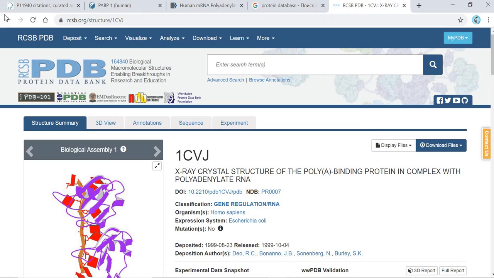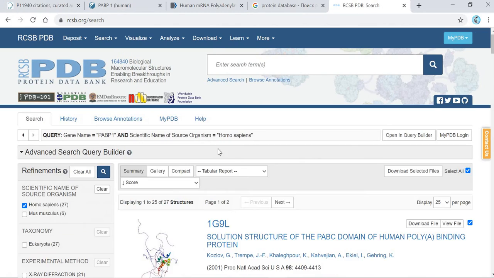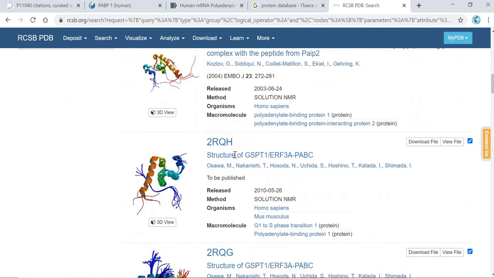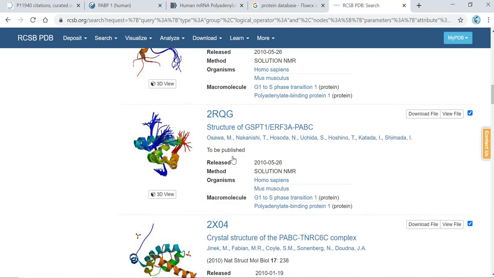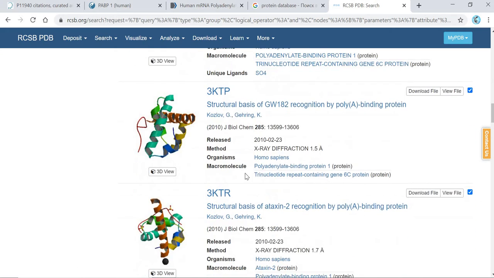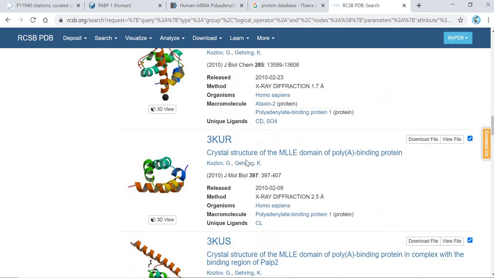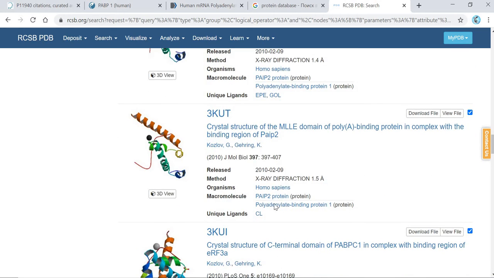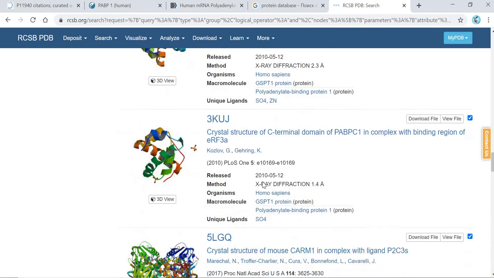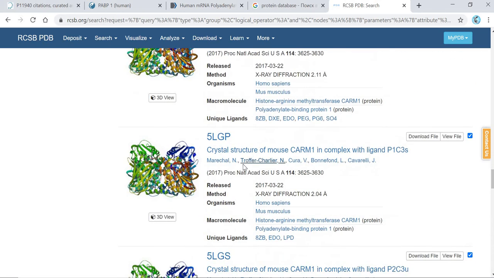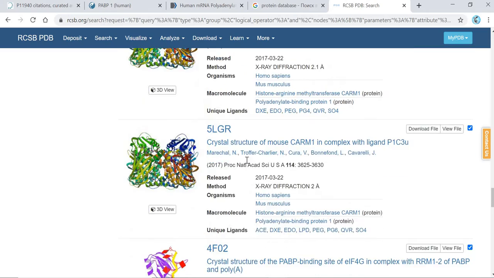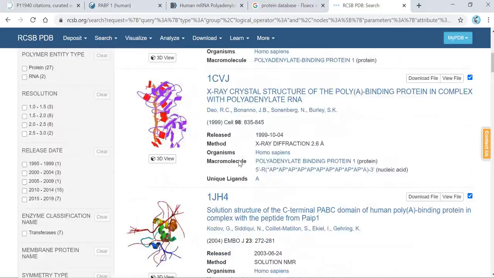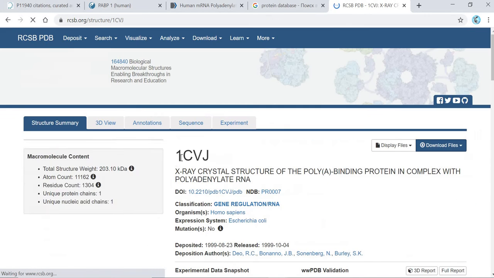Here you can see that the search gives you many crystal structures that are present in their database that are reviewed and have articles that previously studied this, and there are evidences and methods there, and they published this information.